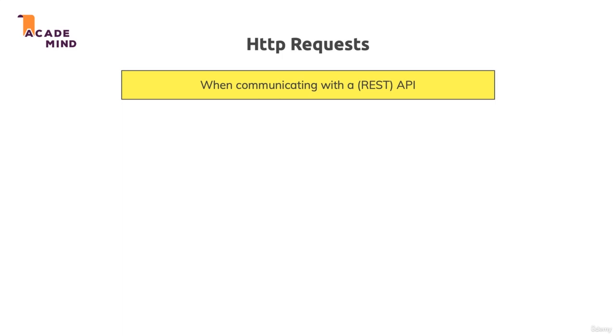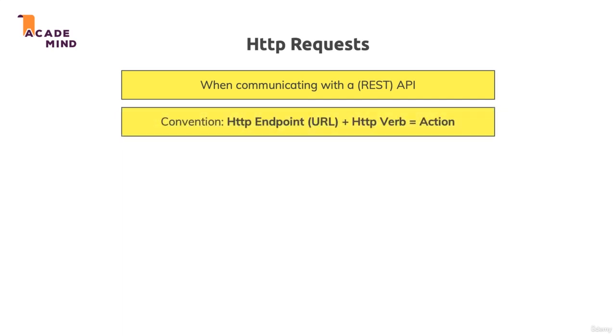It's the most common scenario you talk to, and for such REST APIs, the idea is that you send a HTTP request that's made up of an endpoint, which in the end is the URL, and a HTTP verb to a server, and on that server, depending on that combination of URL and verb you chose, a certain action is executed. Now you can only use combinations the server knows, of course. That's why you have to read the docs, or you write your own web server which accepts certain combinations. You'll of course see concrete examples throughout this course.